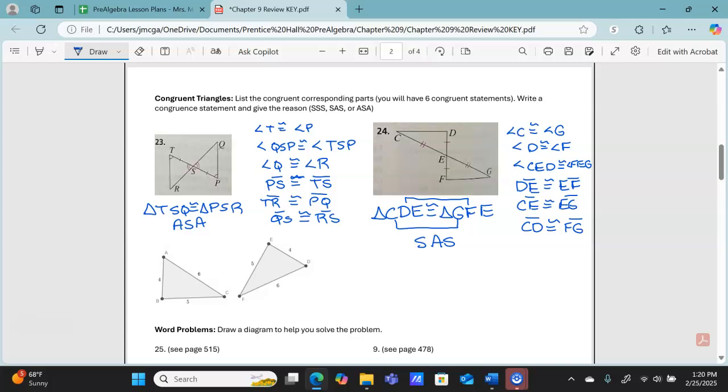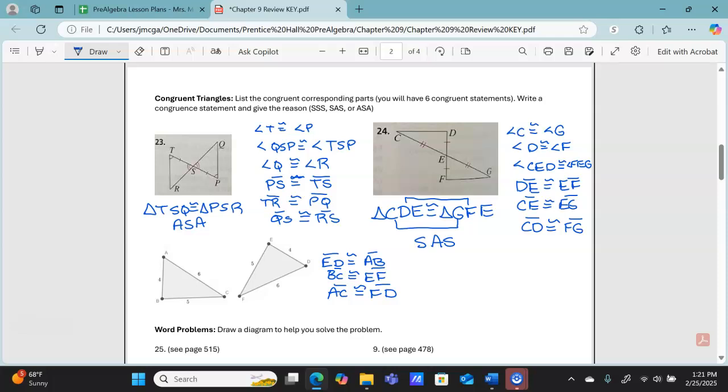Here, we can say that ED is congruent to AB because they're both 4. BC is congruent to EF because they're both 5. And AC is congruent to FD because they're both 6.